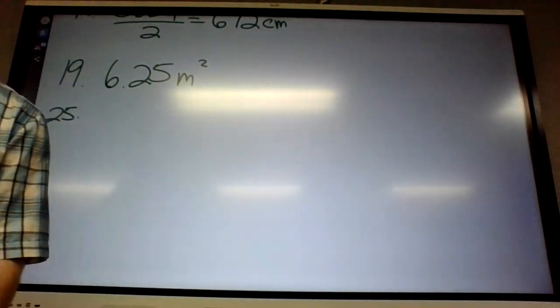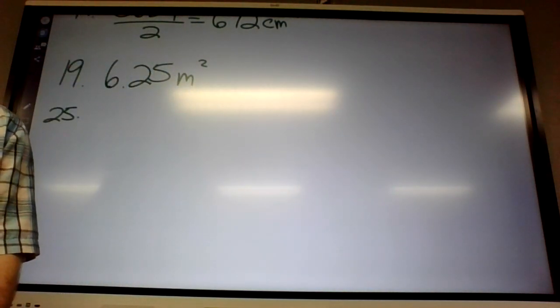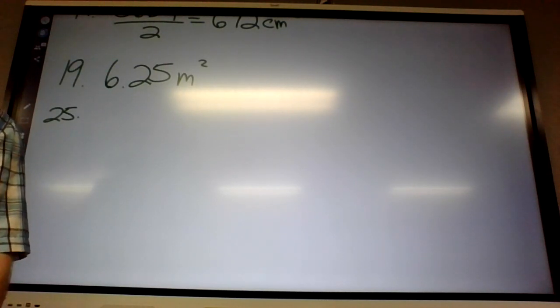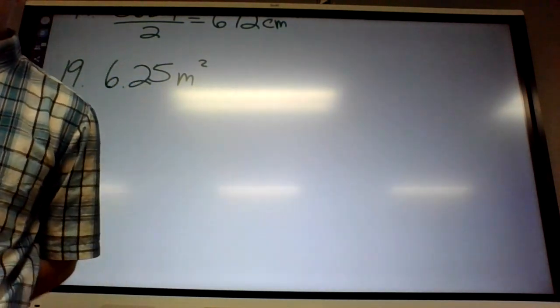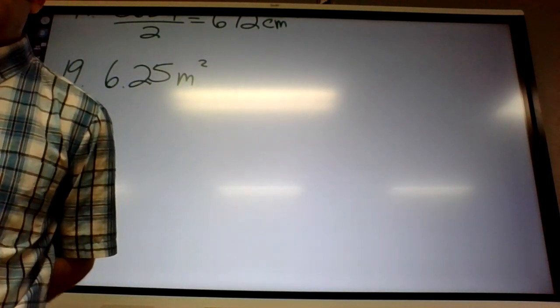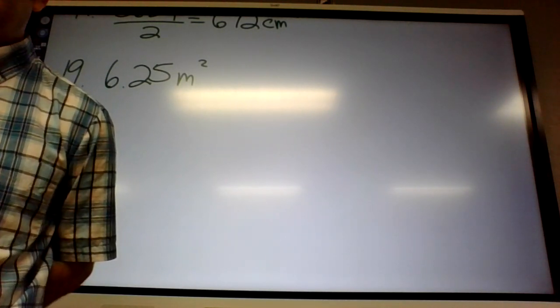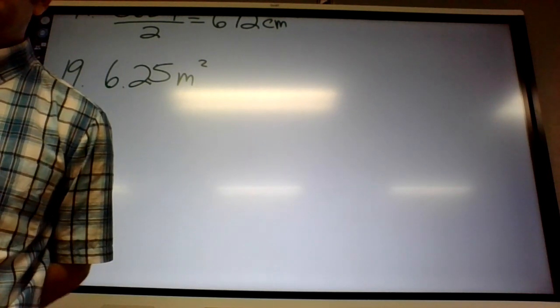All right, it says find the area. So we need a base and height. Any ideas on 25? Well, we need the base and the height, right?